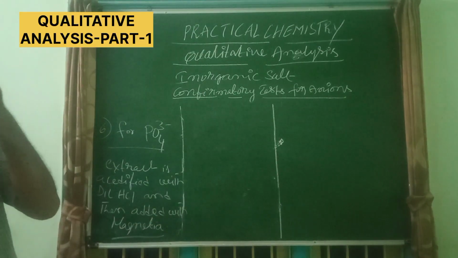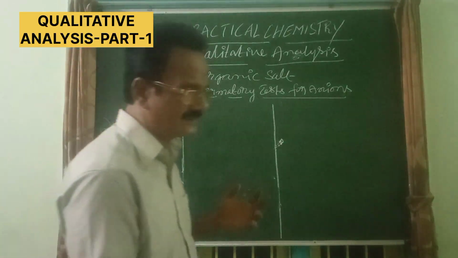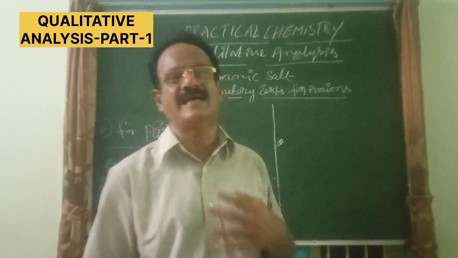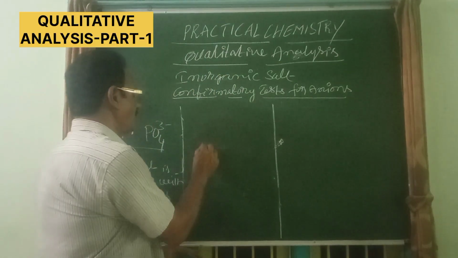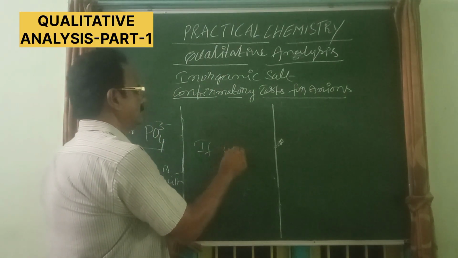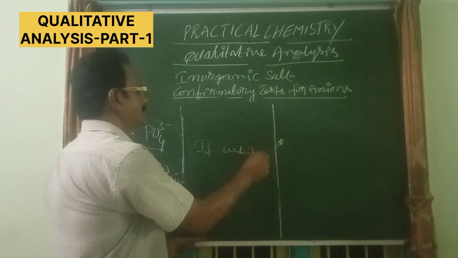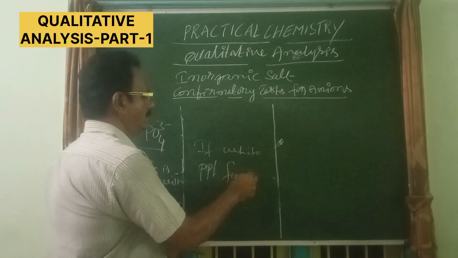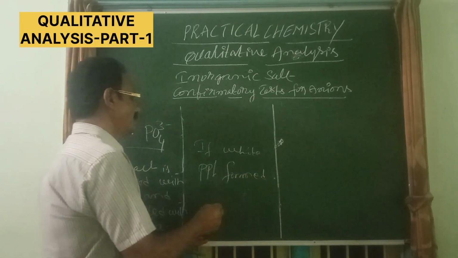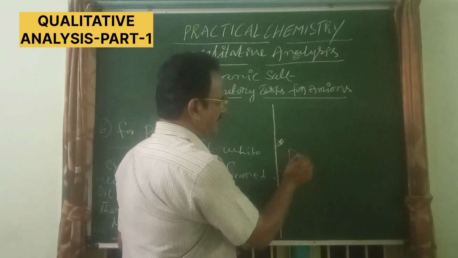Magnesia means it has magnesium chloride as the major component. Okay, if white precipitate is formed, phosphate is confirmed.